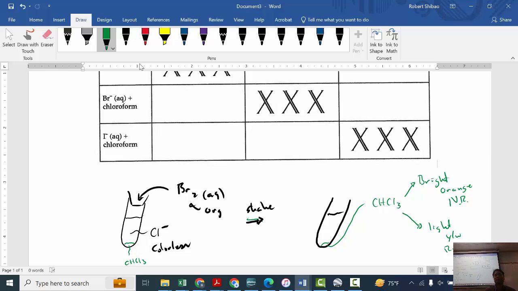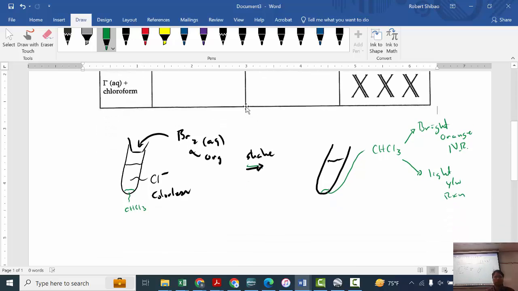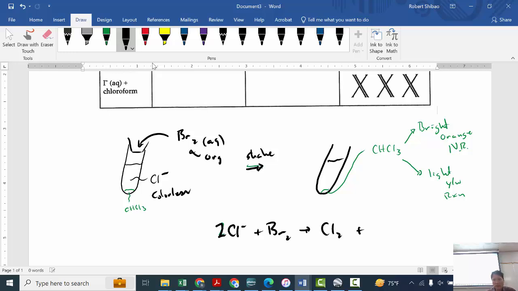The reaction we're looking at here is this. Two chlorides plus a bromine yields chlorine plus two bromides. Chlorine is going to be yellow, bromine is going to be orange.